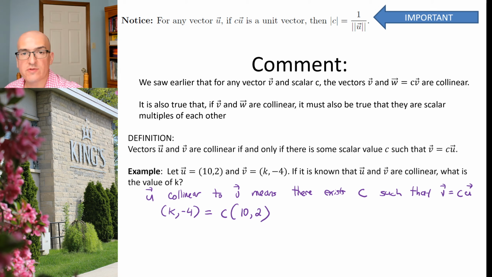We're going to do the scalar multiplication thing. We're going to multiply the c into the vector on the right hand side. So k, negative 4 is equal to 10c, 2c. Now we go back to the definition of vector equality. Two vectors are equal if and only if their components are equal.